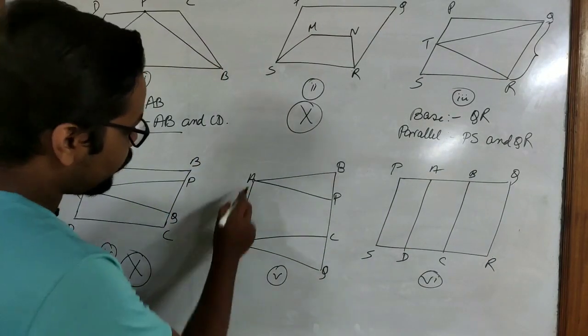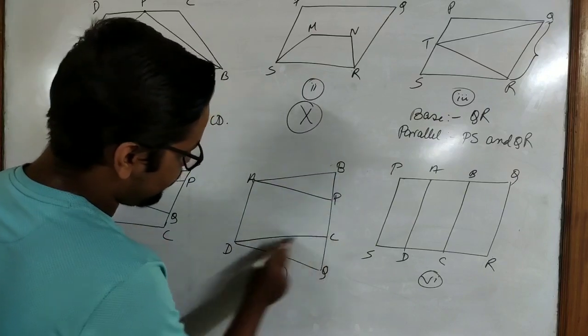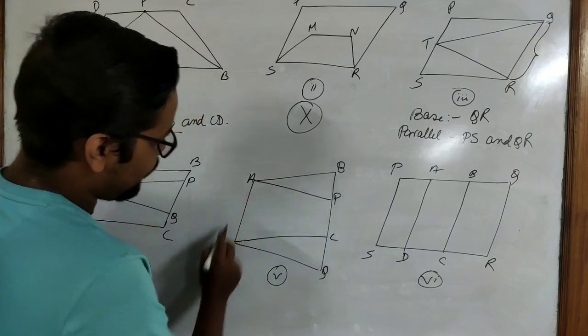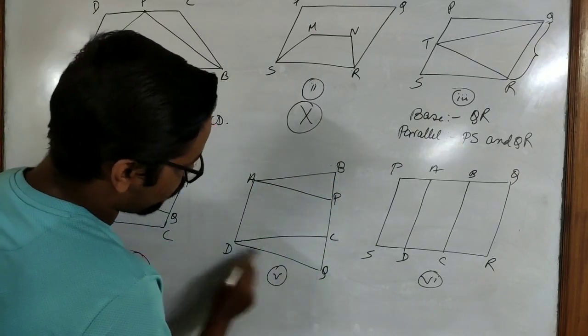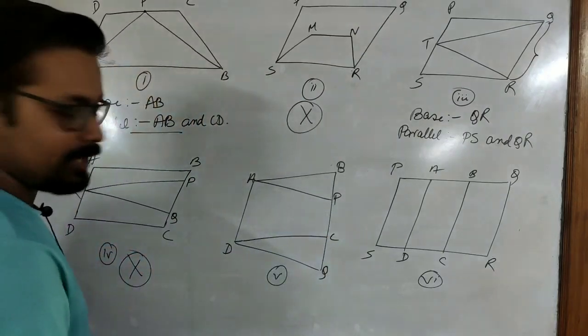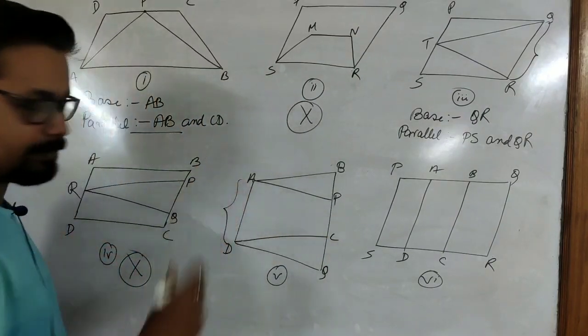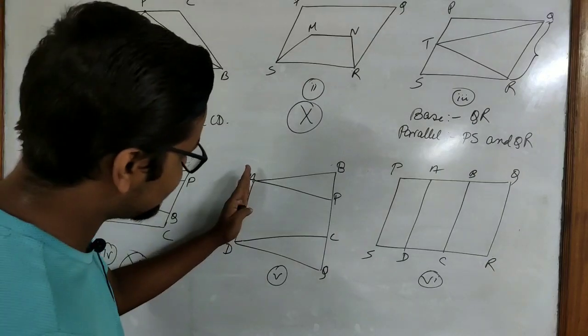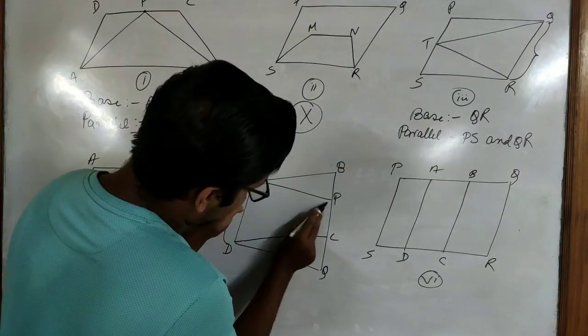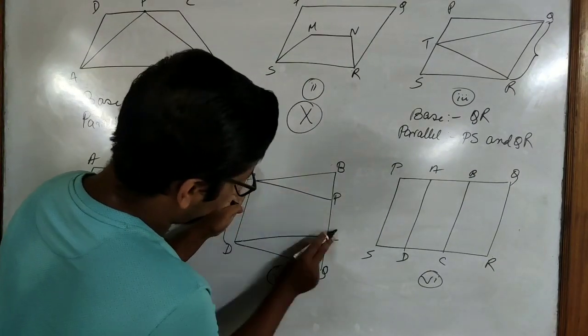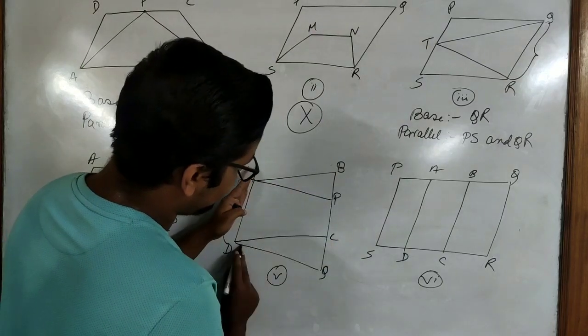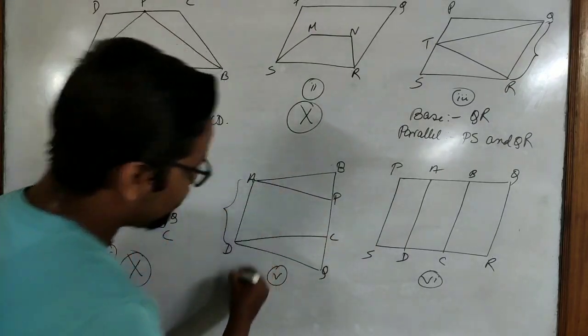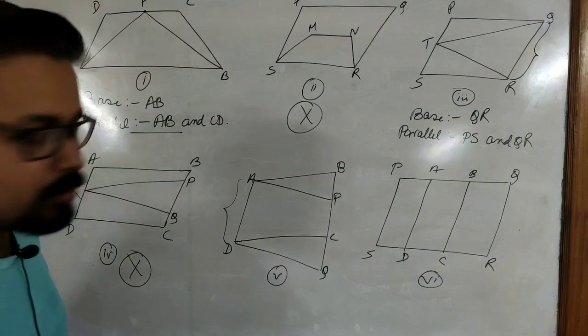This one, look into ABCD, which is a parallelogram, and APQR, which is also a parallelogram. Now they are on the same base AD. Cool, this base is the same. Now look, APQD and ABCD both lie between the same parallel lines. Do you understand?